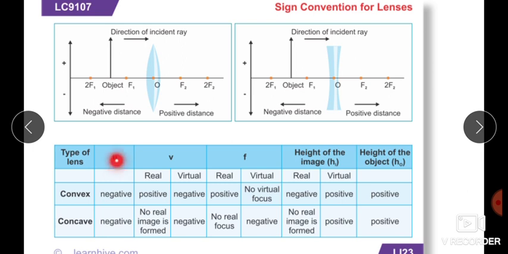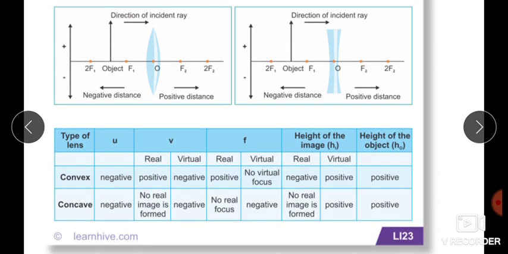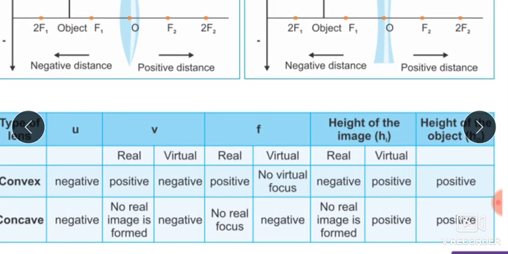For the convex lens, u is always negative. In case of concave, u is also always negative. In case of the image, real and virtual: for real, the image is formed on this side, not on the same side of the object. So the distance v is measured from the optic center to the image position.